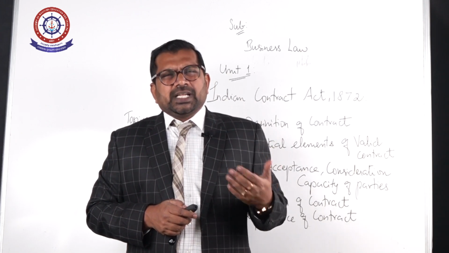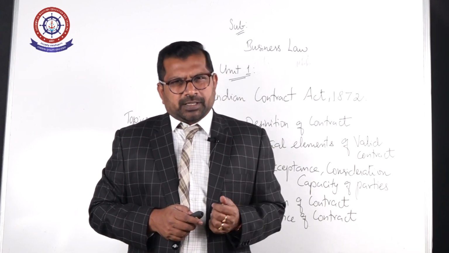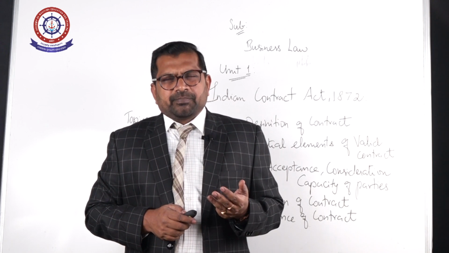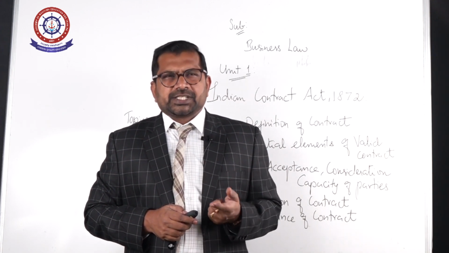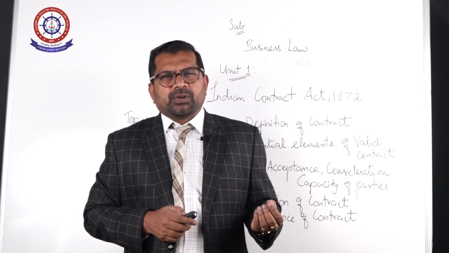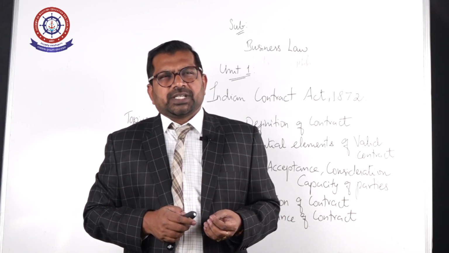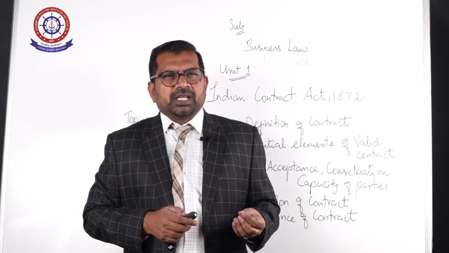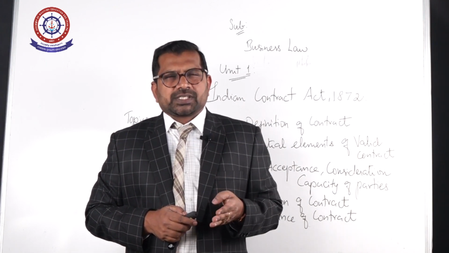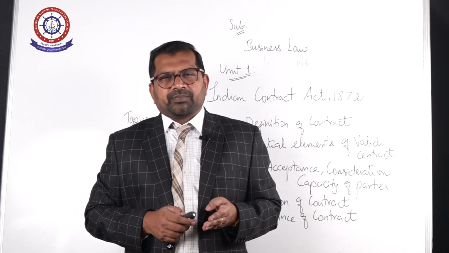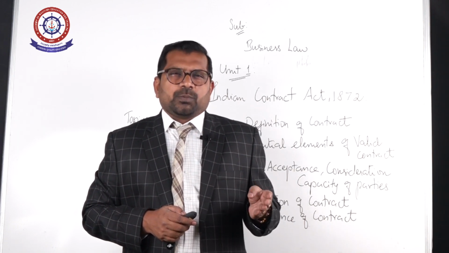So, what are the essential elements of a valid contract? Agreement, intention to create a legal relationship, writing and registration, free consent, lawful consideration, certainty of meaning, not expressly declared void (called void agreements), performance possibility, legal object and competency.